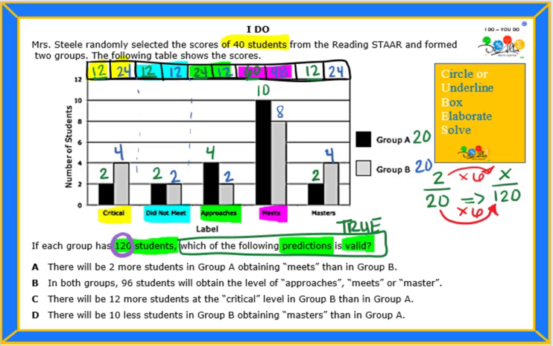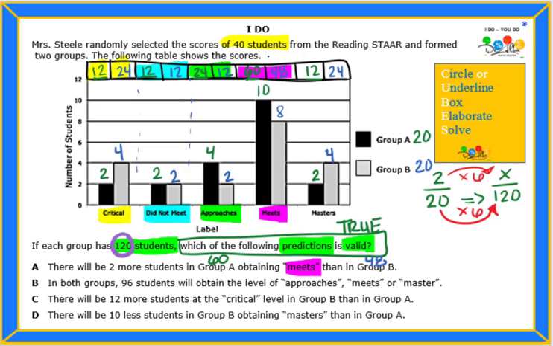Letter A says there will be 2 more students in group A obtaining meets than in group B. So we're looking at meets. In meets, for group A, we have 60, and in group B, we have 48.